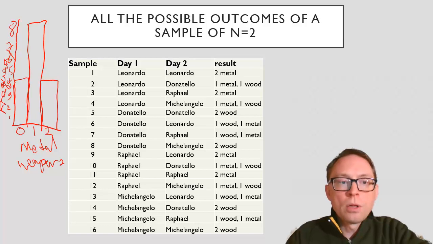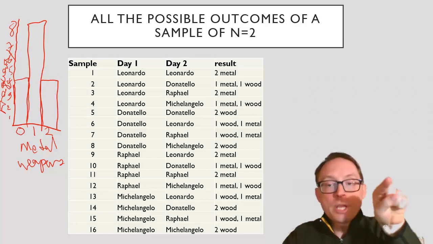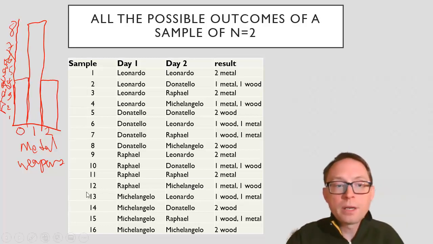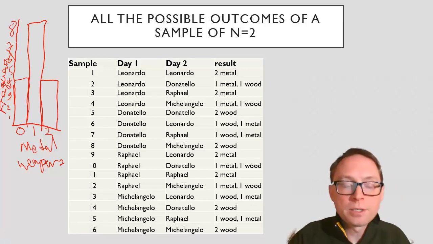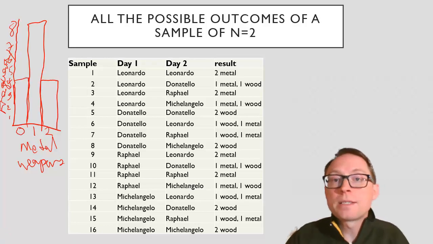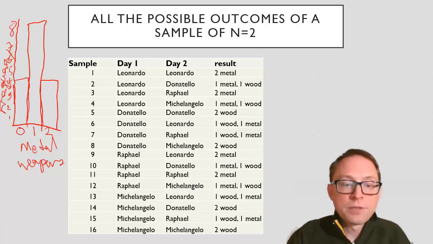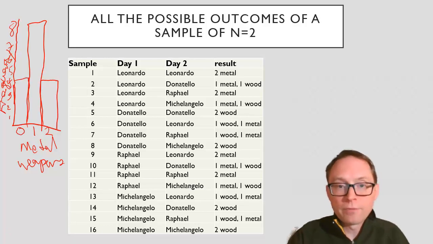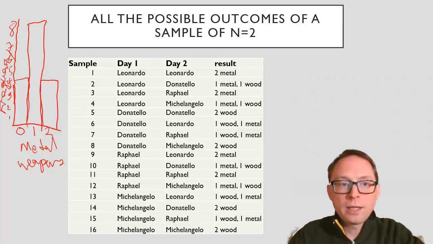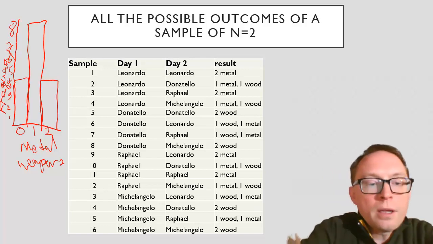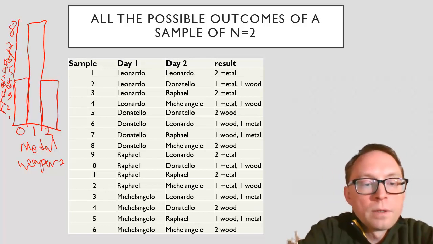So what we can do is take that frequency and change it into a probability. Remember, these are all the possibilities, so there are 16 possibilities. 4 divided by 16 is 0.25, right? It's a 25% chance. So the probability of 0 metal weapons is 0.25.